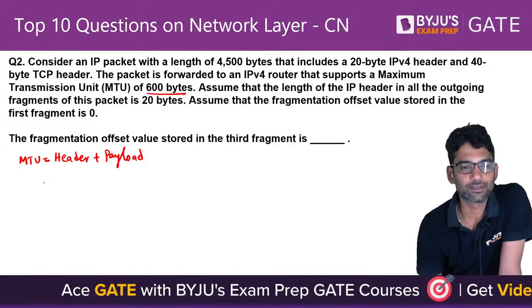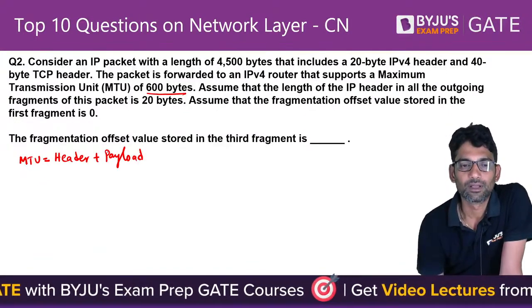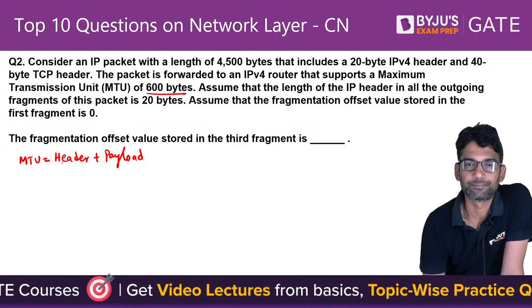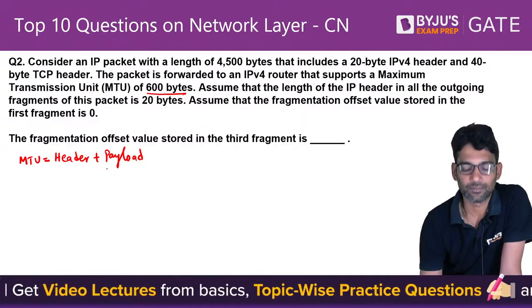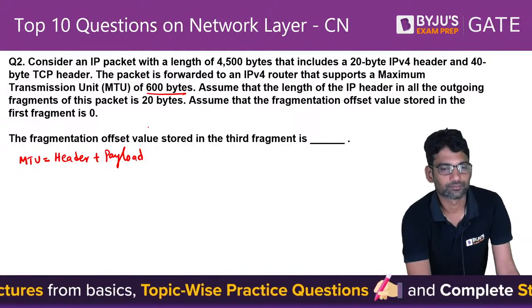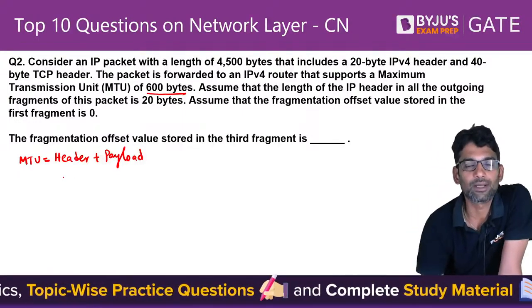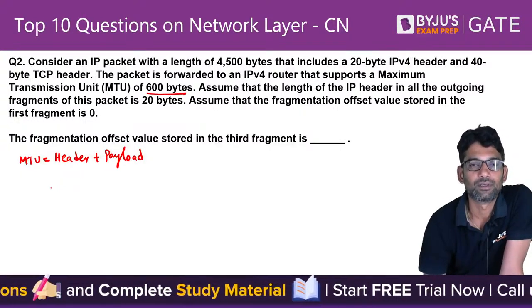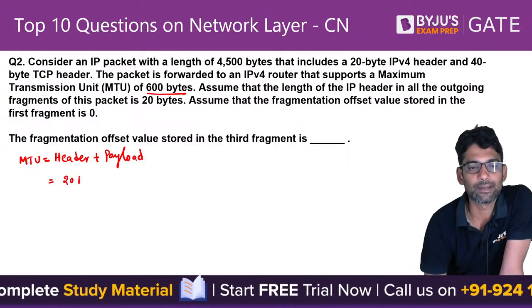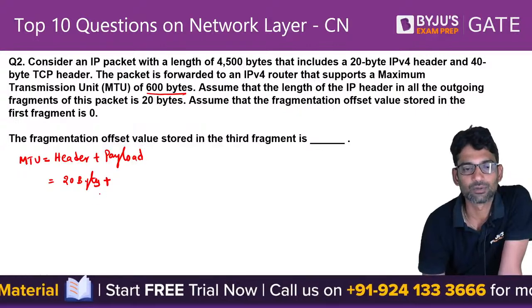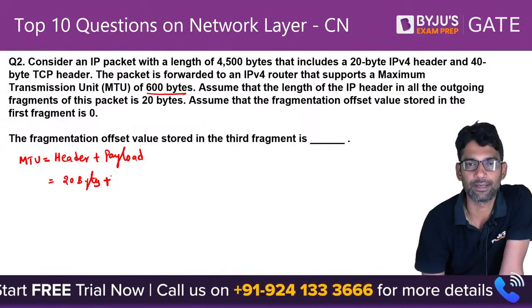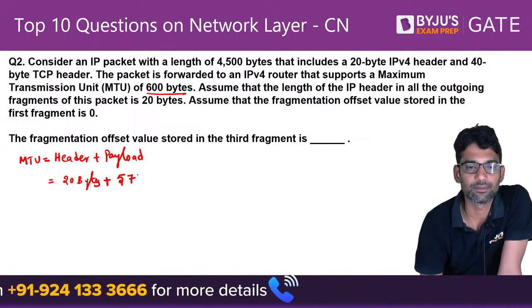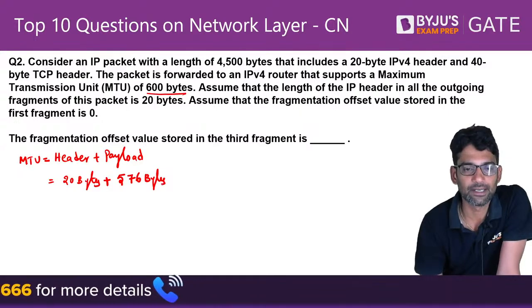IP header length is 20 bytes means the payload must be divisible by 8. So the payload can't be 580 bytes, as 20 bytes of header is already there. What is the nearest value less than 580 that is divisible by 8? 576.